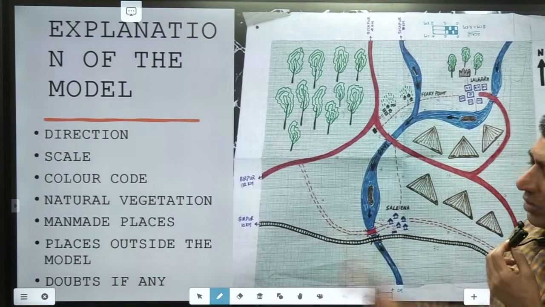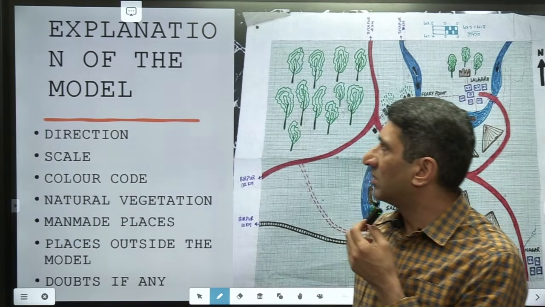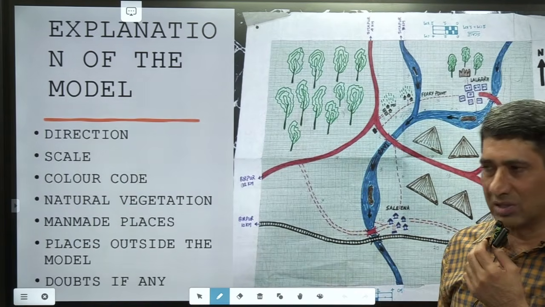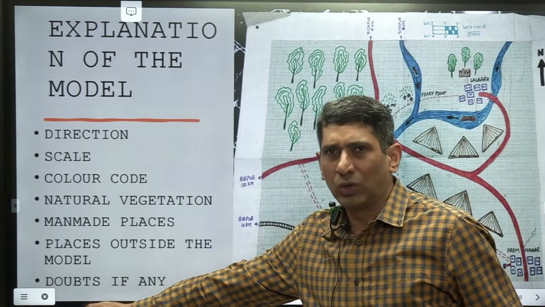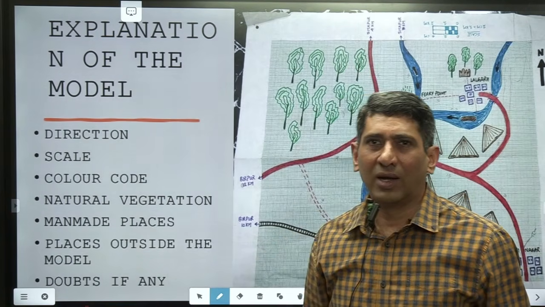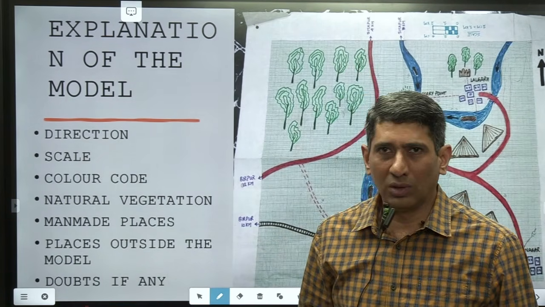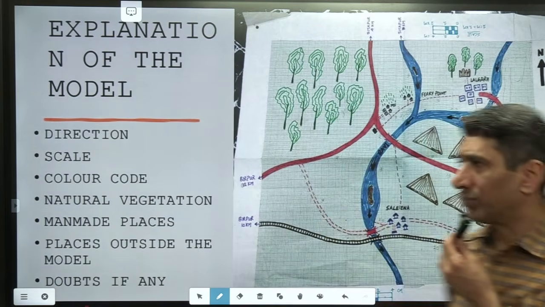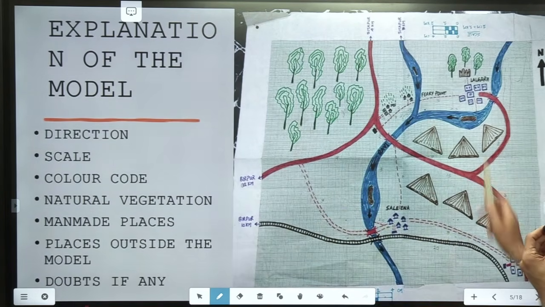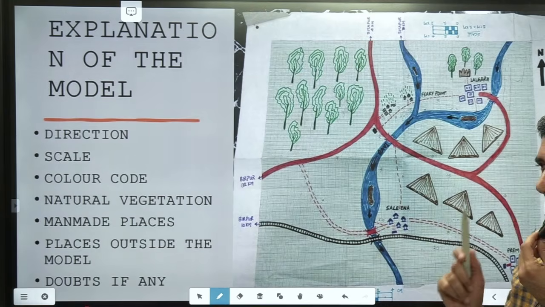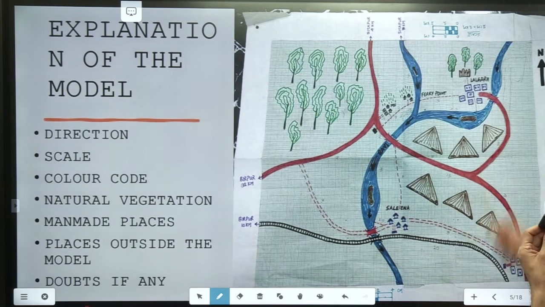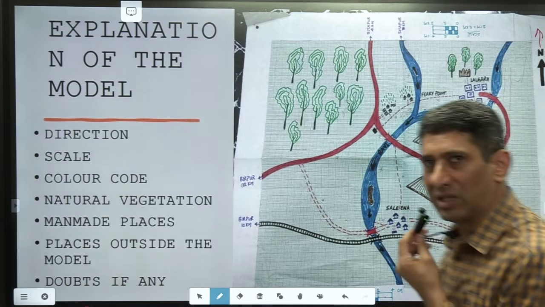Now, explanation of the model. As far as the model explanation is concerned, I will show you one of the models which I had made when I was trying to learn this technique. So, in this, the most important thing which he will tell you is the manner in which you are going to orientate yourself. In this case, this direction which is already marked is showing the north direction.